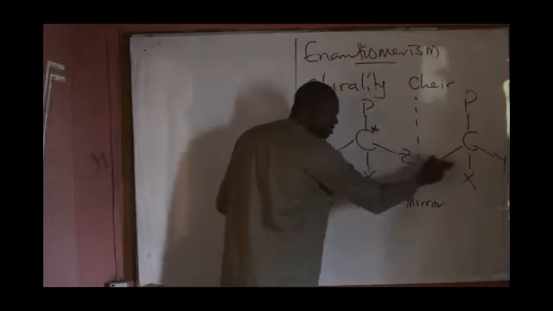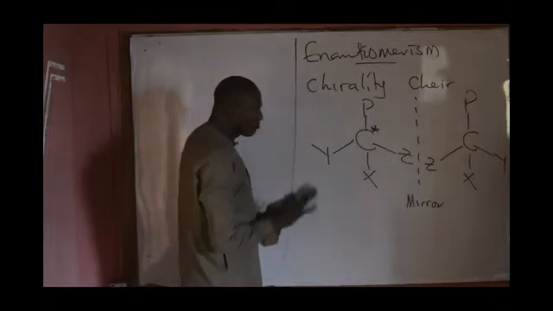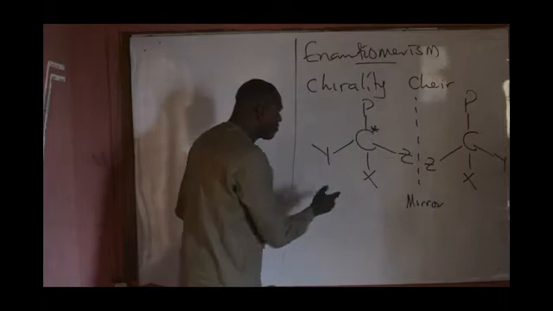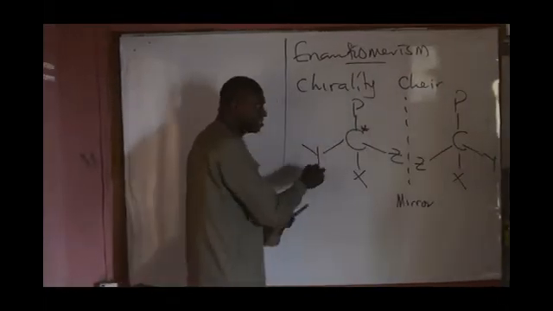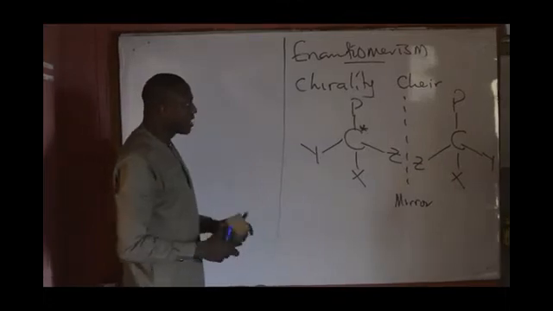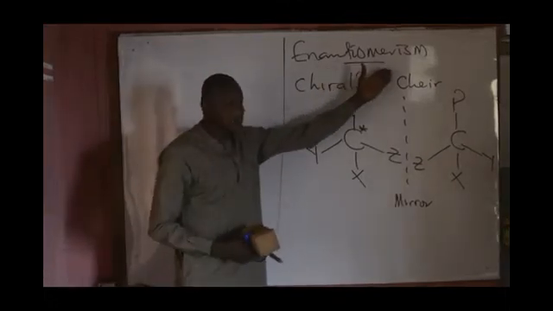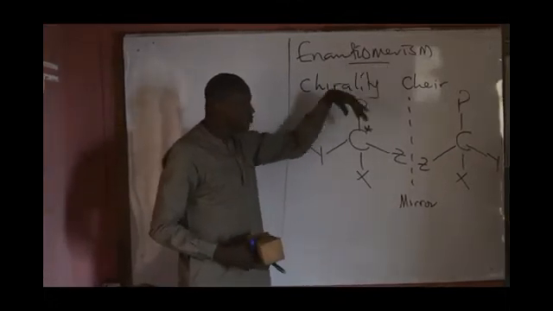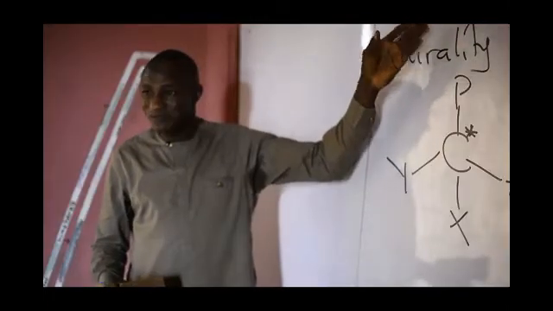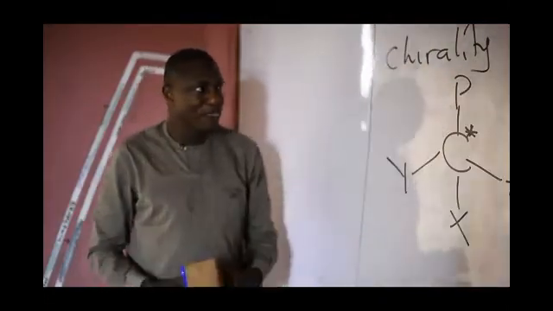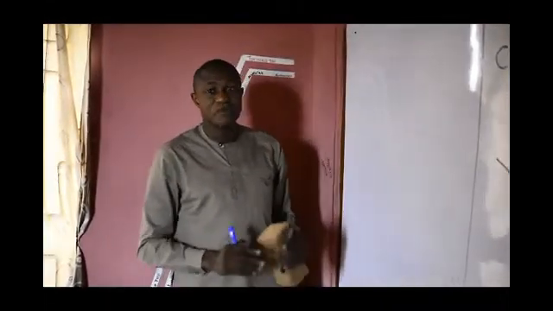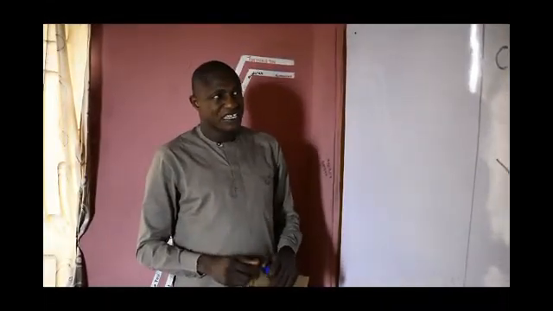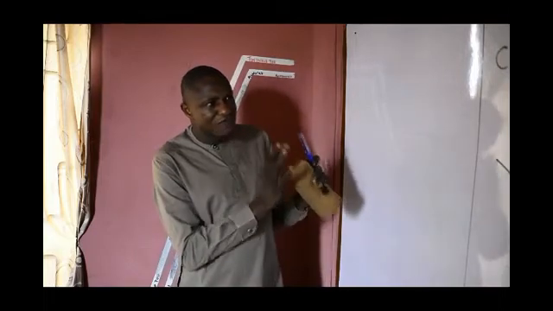And these two are called enantiomers or optical isomers. So the direction of rotation of this will be the opposite of this. And that is what we mean by enantiomerism. In fact, enantiomer is also obtained from the Greek word enantios, which means opposite.